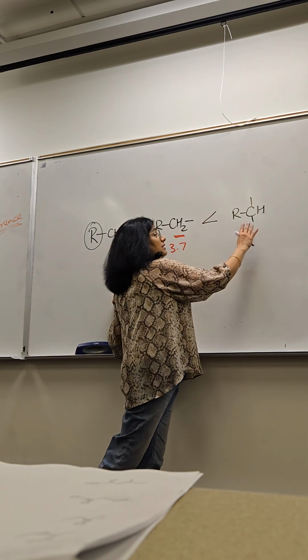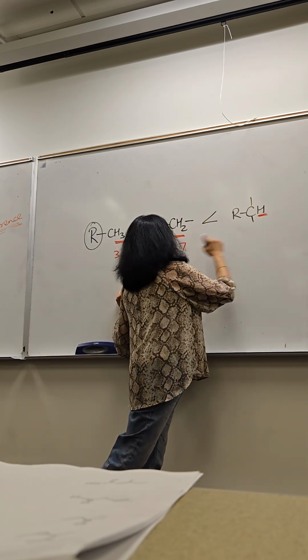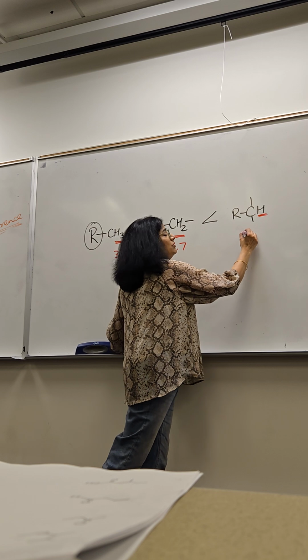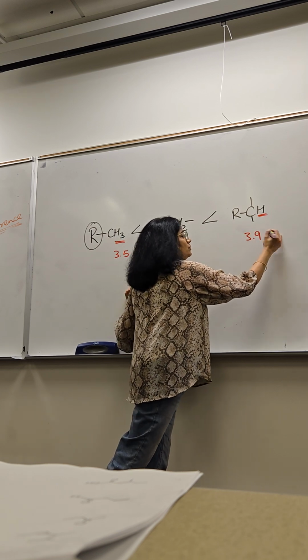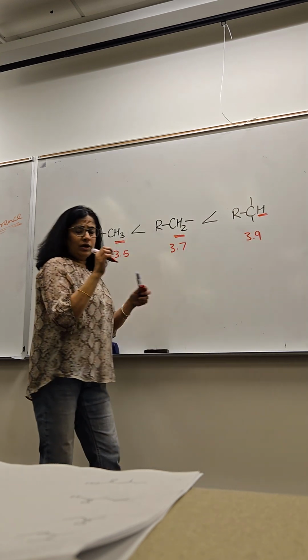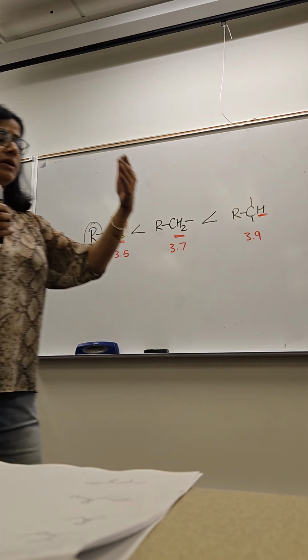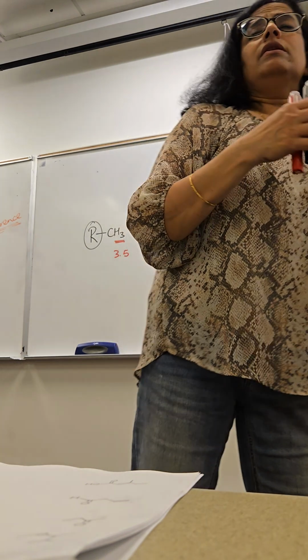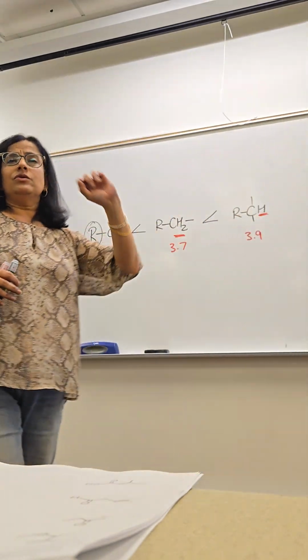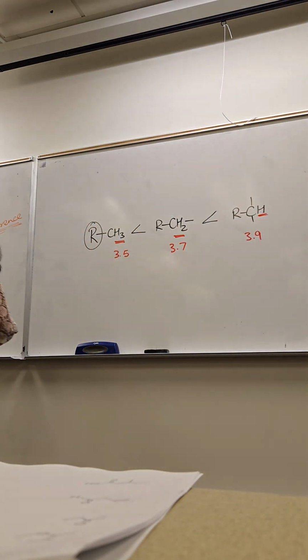And this one even a bit higher than that, maybe 3.9, maybe 4, or so on and so forth. So everything else being the same, methyl signals have a lower ppm compared to methylene, which have lower compared to methine. Sounds okay? Okay, let's look at the general regions here.